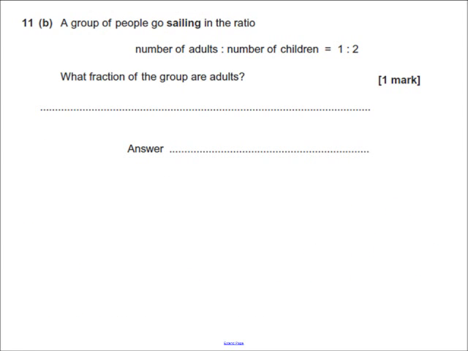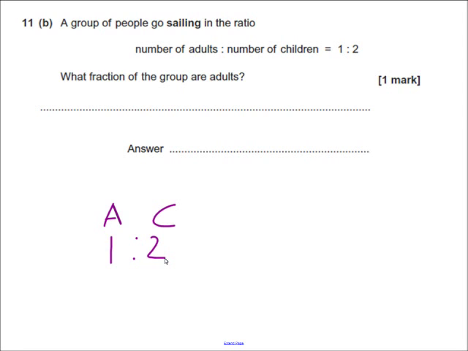Okay, question 11b. A group of people go sailing in the ratio, so it's the number of adults to children, so adults to children is 1 to 2. Okay? What is the fraction of the group that are adults? Now here it's asking you, do you understand the relationship between ratios and fractions?